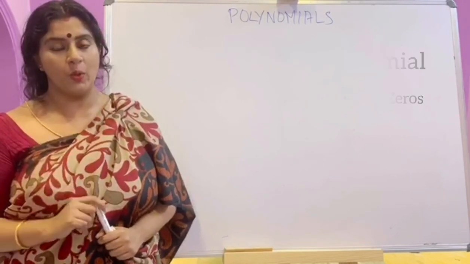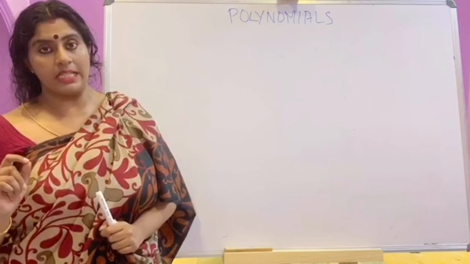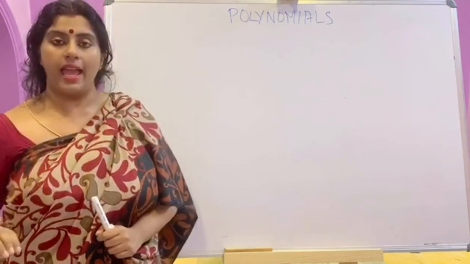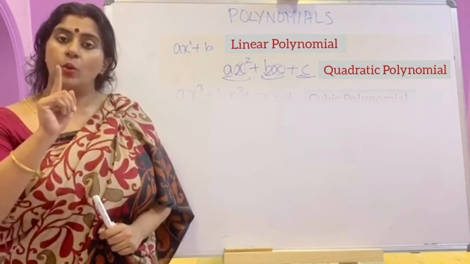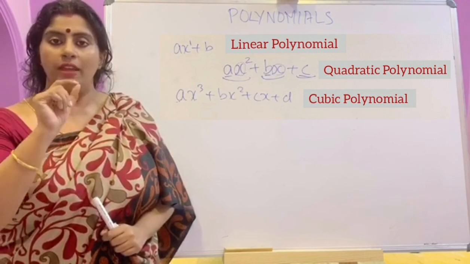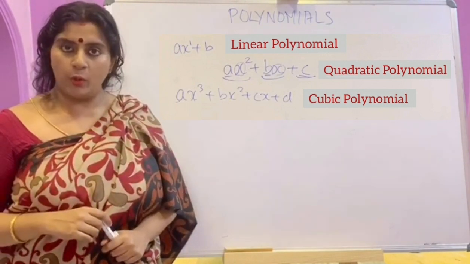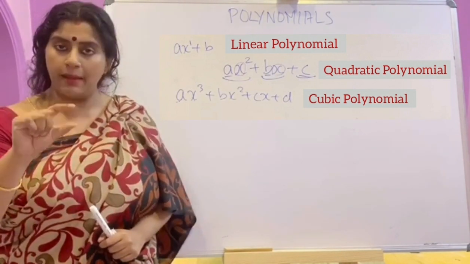I'll remind you once more about the zero of a polynomial. Zero of a polynomial means when we substitute a value into that polynomial, the answer will be 0. For a linear polynomial, there is only a single such value. When we substitute it, you will get the answer as 0. For a quadratic polynomial, there are two different values for the same polynomial.